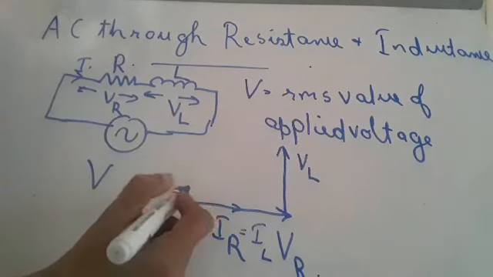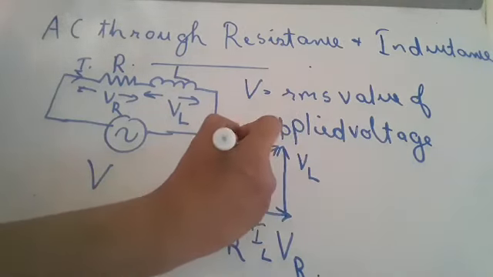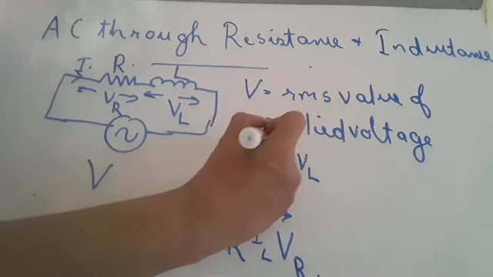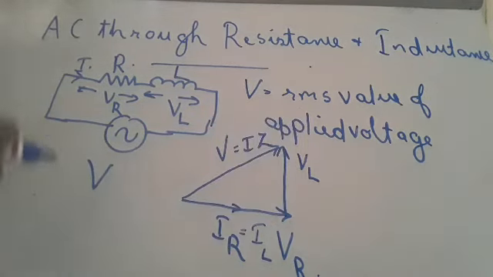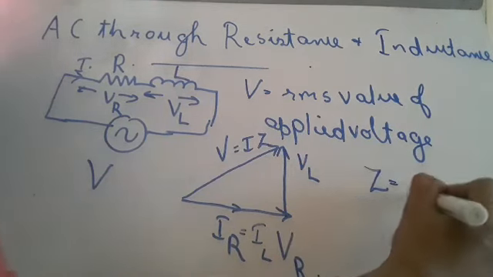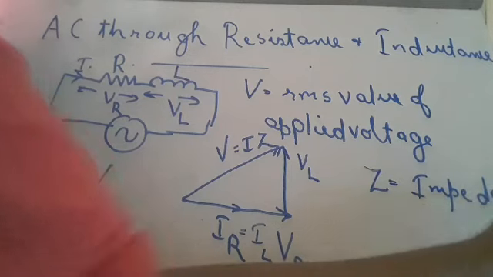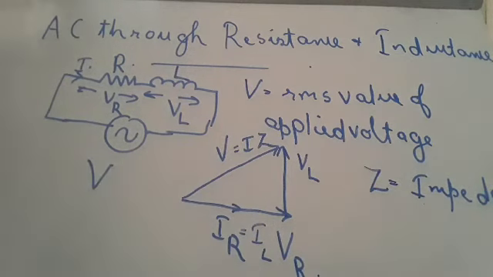Now I am going to draw the total voltage, which is the applied voltage. So this is V, which is I into Z. This Z is known as the impedance of the circuit.